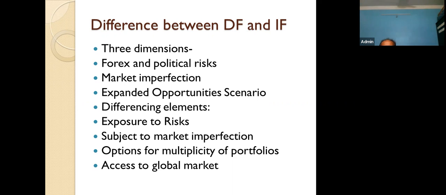Even if you observe in a festival like Diwali, the lanterns are being manufactured by China, and these things are coming directly to the Indian market.